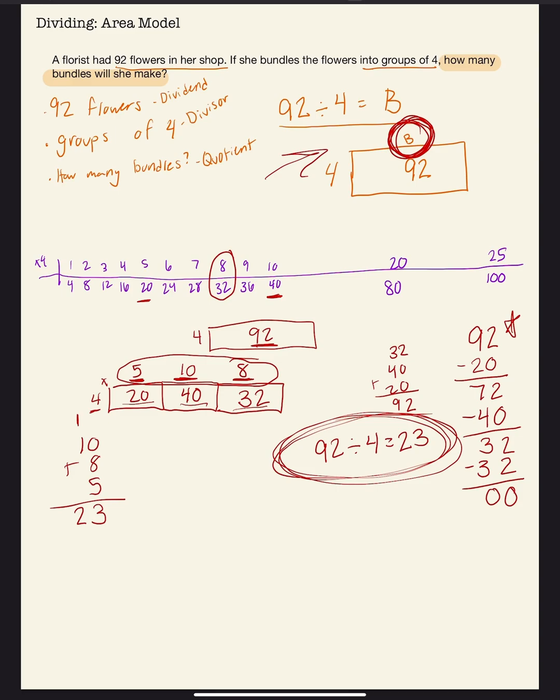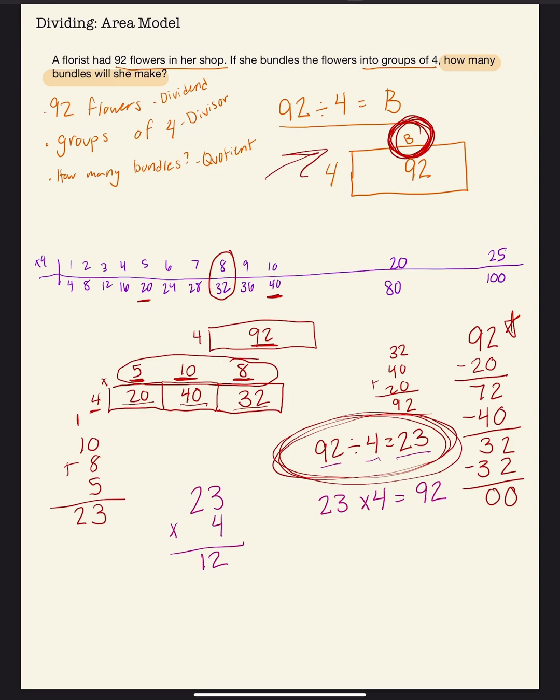I can also check my work, because if 92 divided by 4 is 23, that would also mean that 23 times 4 should equal 92. So let's test that. We have our 23 times 4. Well, I know that 4 times 3 is 12.